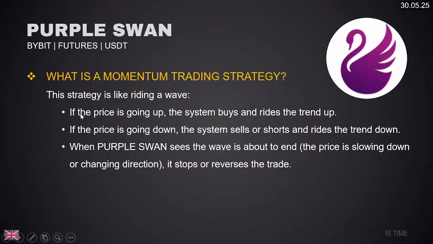In a similar manner, if the price is going up, the system buys and rides the trend up. Okay, so you buy at $100 and you sell at $110. That's how you make profit.